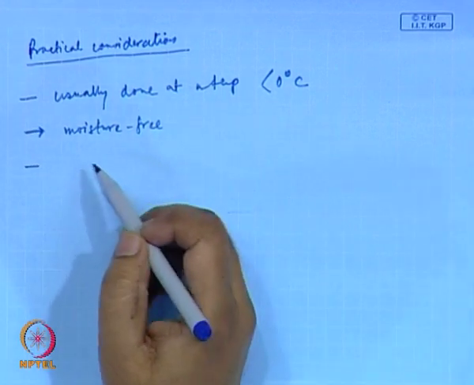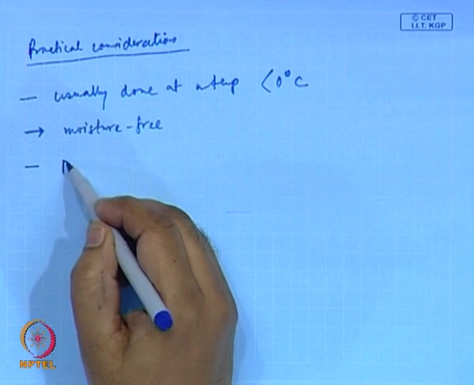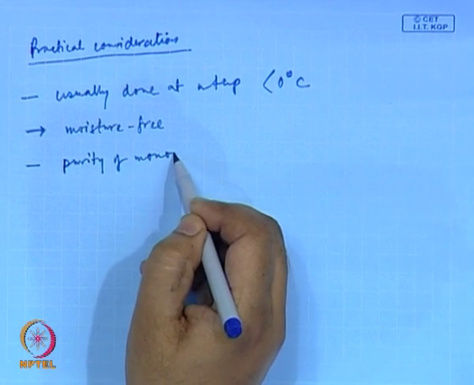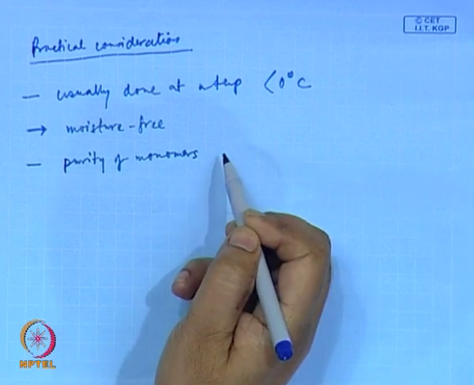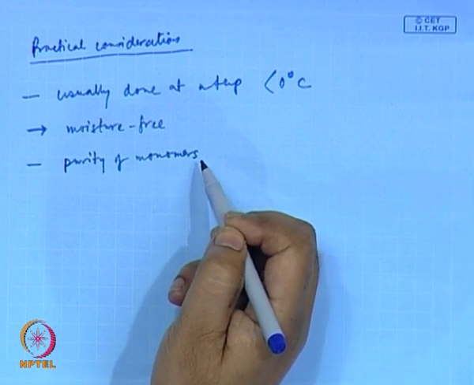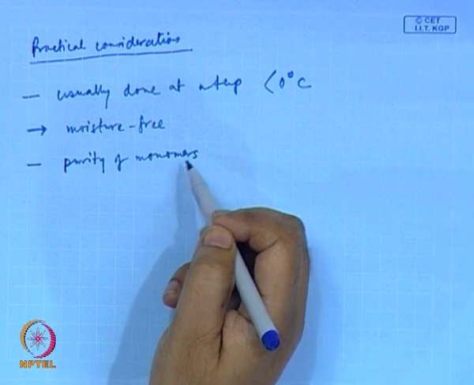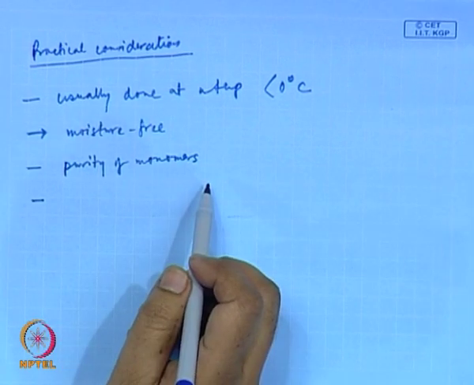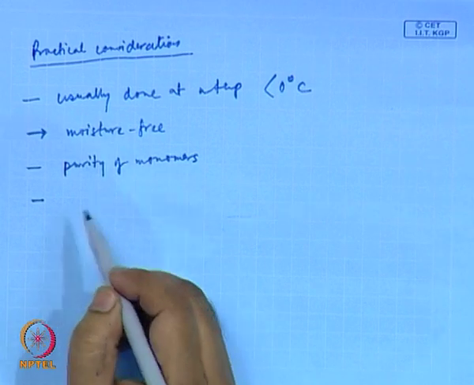And for the same reason, the purity of monomers is very important. If there are impurities which can undergo side reactions or chain transfer reactions, then the molecular weight buildup is a problem.